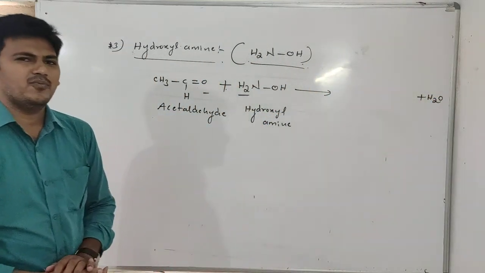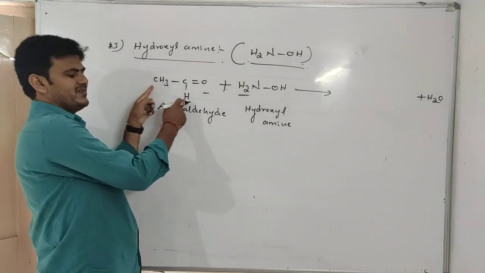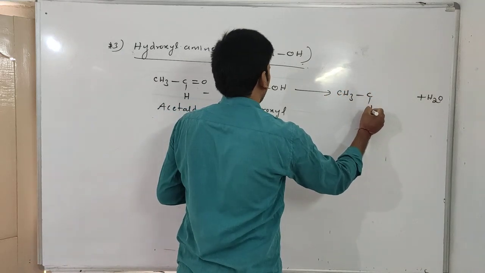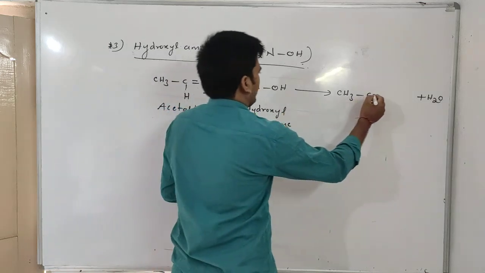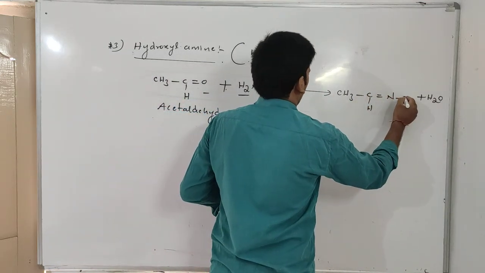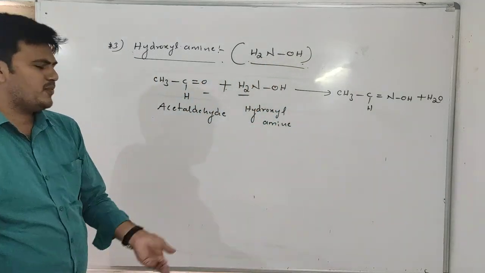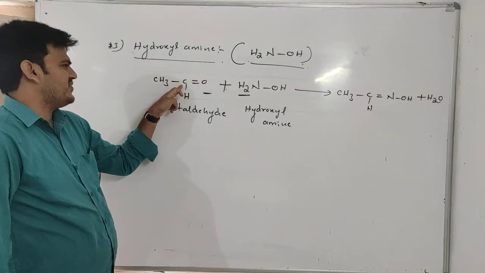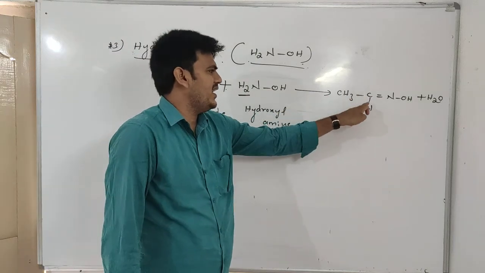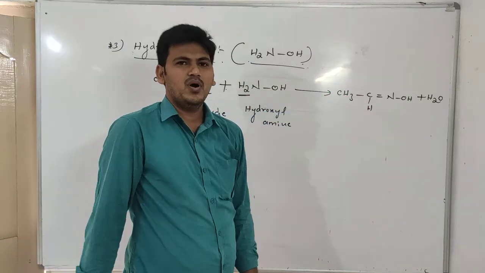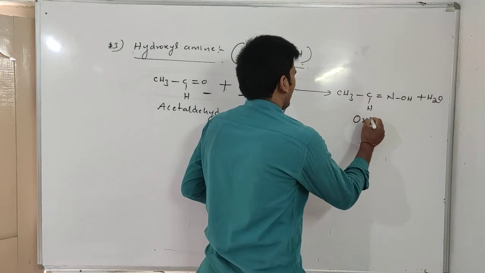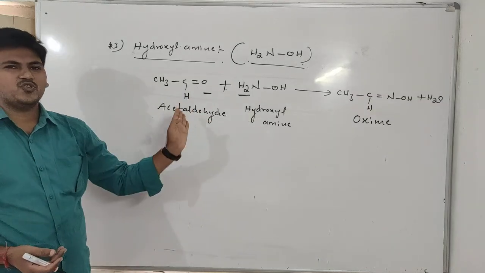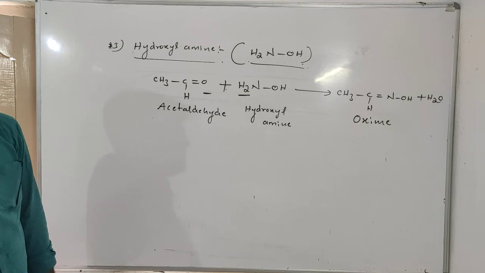The byproduct is a water molecule. So the remaining answer is CH3CH=N-OH. The byproduct is water, two hydrogen atoms and one oxygen atom, H2O. The remaining answer is CH3CH=N-OH. And the compound name is acetaldehyde oxime. Oxime, very important.